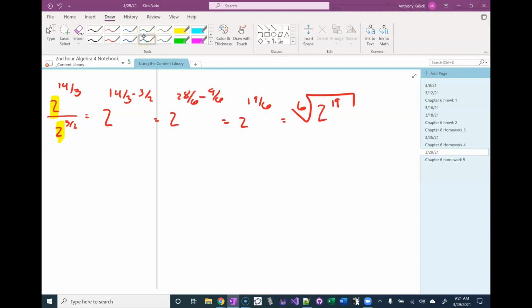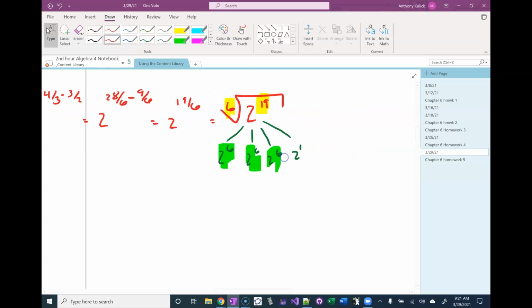So remember, the denominator tells you the index and the numerator tells you the exponent. But I noticed that 19 is bigger than 6, so I know I can reduce this a little bit. So if I break 2 to the 19 into packets of 6, I can get 3 packets of 6 out of that with 1 left over. So 6, 6, and 6 is 18, and then 1 more gives me my 19. So these guys tell me I can pull out 3 2s.